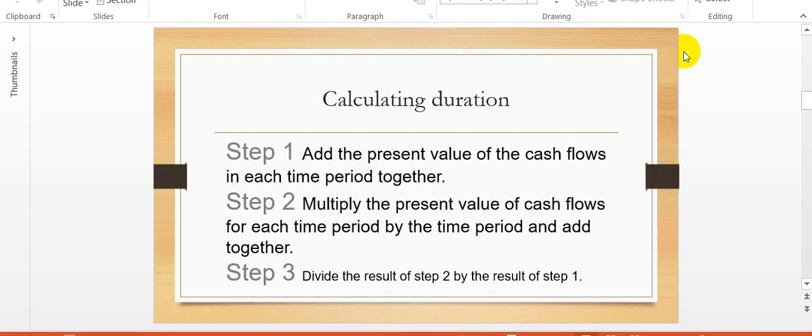In period 2, your present value in period 2, you multiply it by 2 because it is in period 2. Step 3, you then divide the results of step 2 by the results of step 1 to give you your duration.